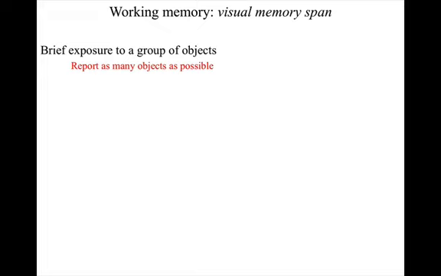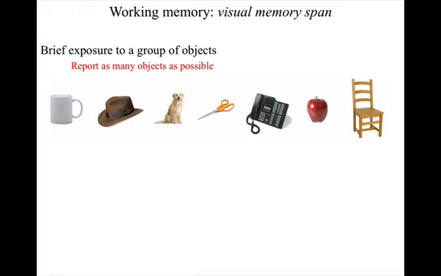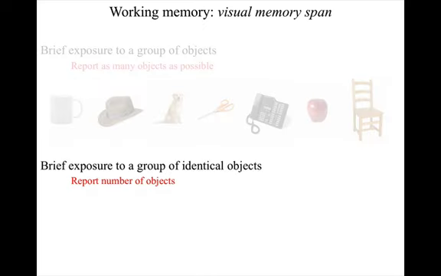A third type of working memory test is visual memory span. In one version of the test, subjects are shown a group of objects very briefly, perhaps 100 to 200 milliseconds, and immediately afterwards asked to name all the objects they can remember. Subjects can typically remember 4 or 5 objects.